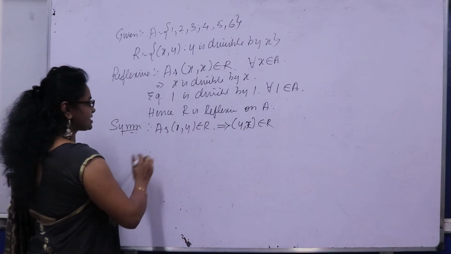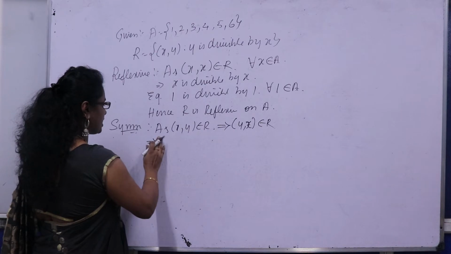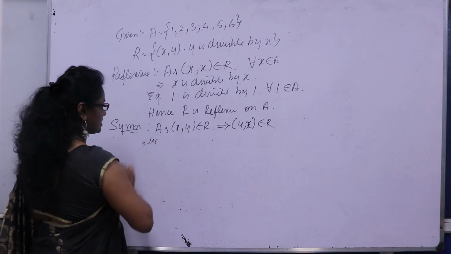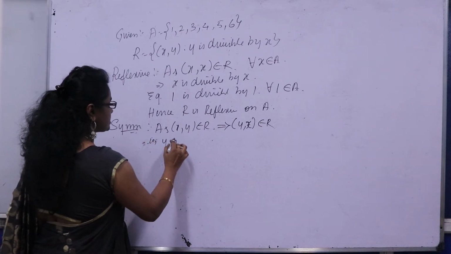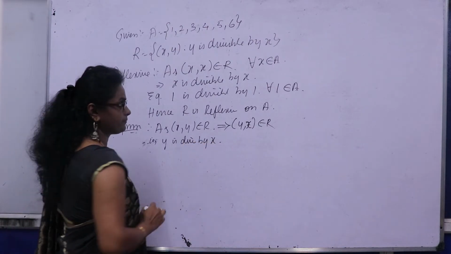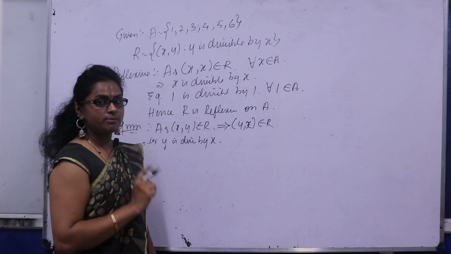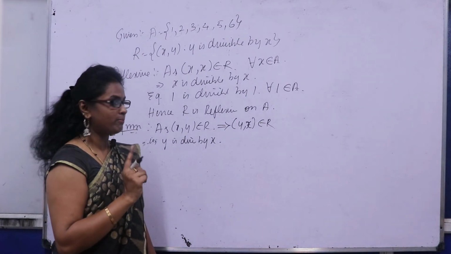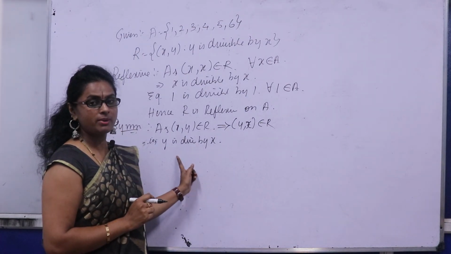So now what does this say? That is, y is divisible by x does not imply x is divisible by y.